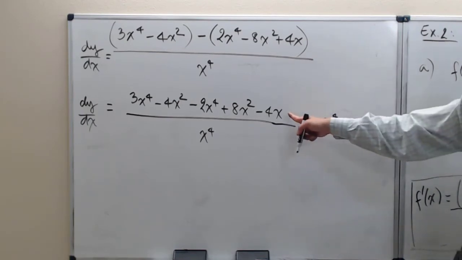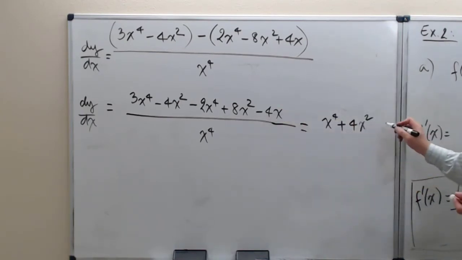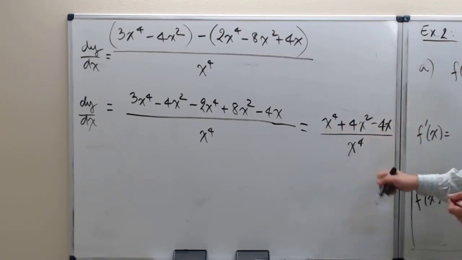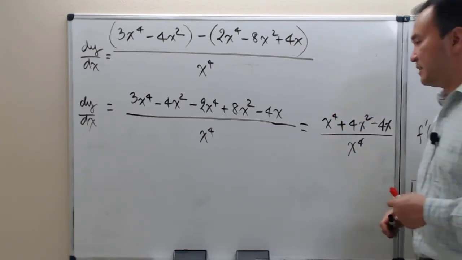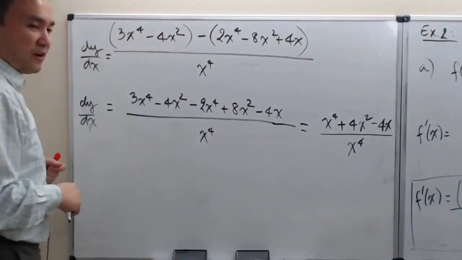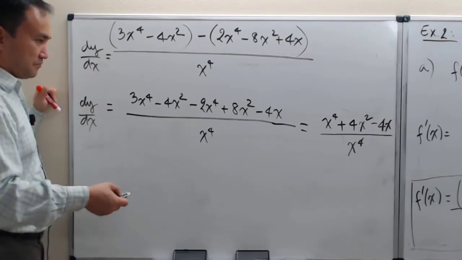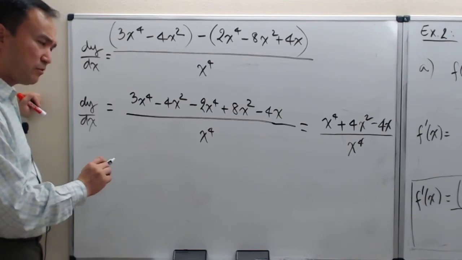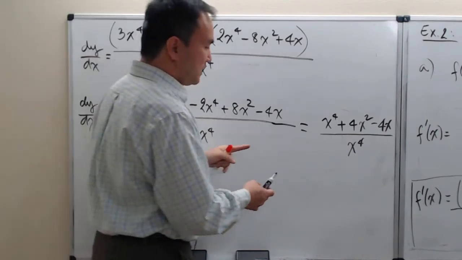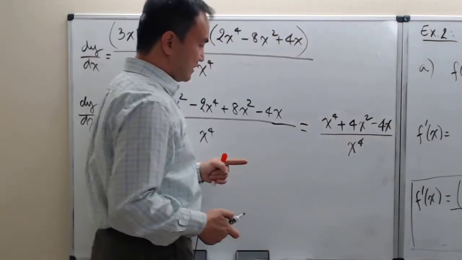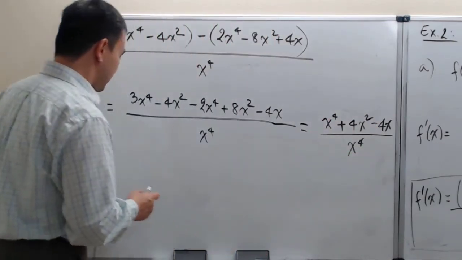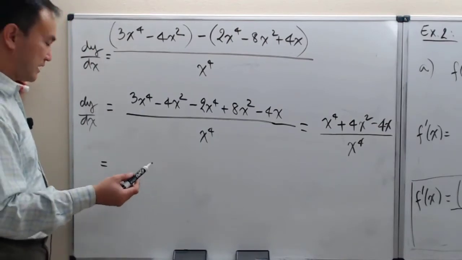The minus 4x is by itself, with no other like term, so minus 4x, and we're dividing all that by x to the 4th. So our expression does admittedly look more simplified, and we're getting close, but not quite simplified yet. We have a common factor among the x's here that can be cancelled with some of the x to the fourth in the denominator.